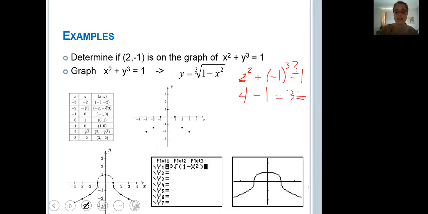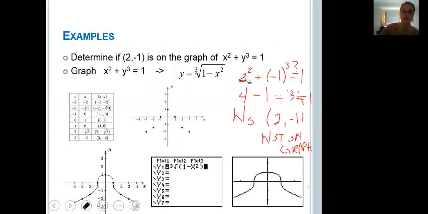That's not 1. So the answer is no. The point (2, -1) is not on the graph. Right? That's one way we can check.